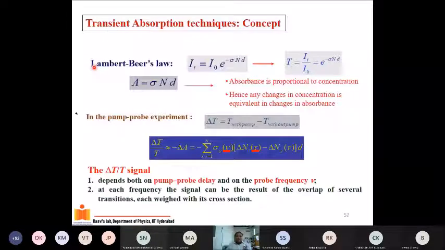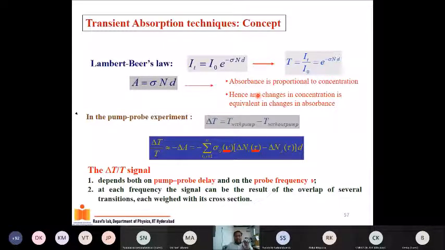Okay, so the concept remains the same. Your Beer-Lambert law is important. The aspect here is that the pump probe measurement measures the transmission of the probe in the presence of light and in the absence of light. So this delta T by T gives you information about how I can understand my excited state process. Don't worry if it is too much for you.